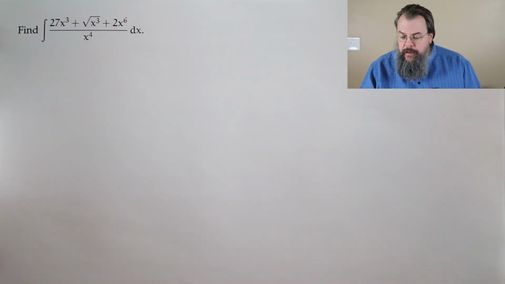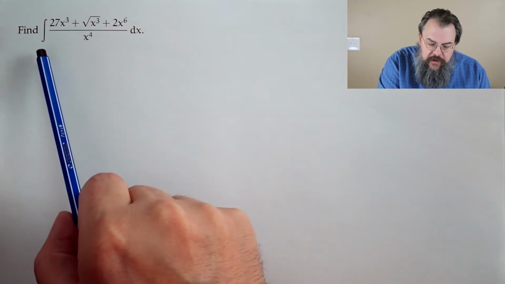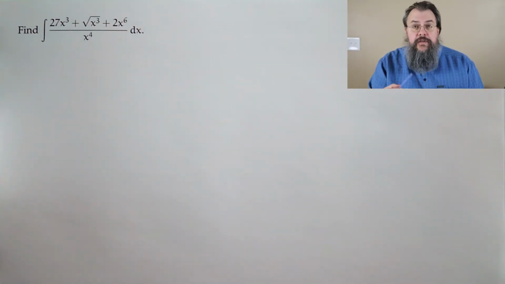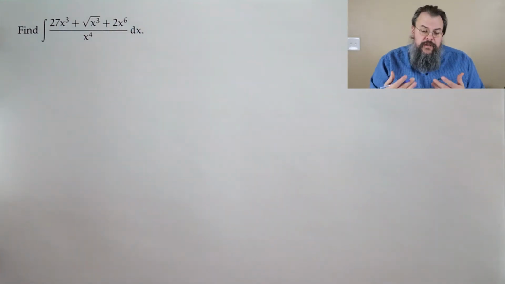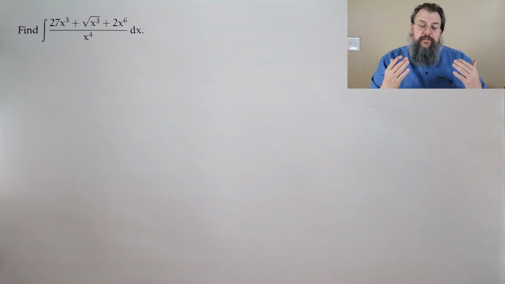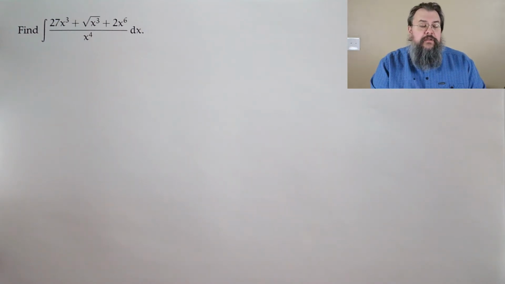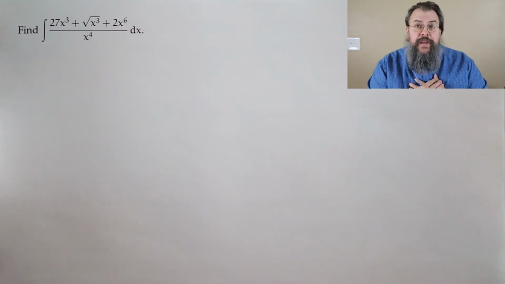Our first problem. Find, and here we could say the integral, which is really the antiderivative of this expression: 27x cubed plus the square root of x cubed plus 2x to the 6th, all over x to the 4th, dx. Now, generally speaking, there's about 8 or 10, depending upon how you count, things that you should know the antiderivative of by heart.